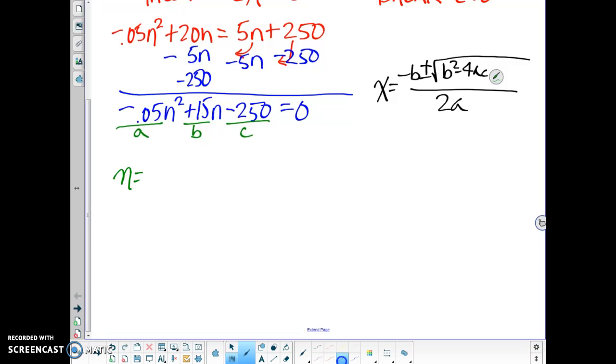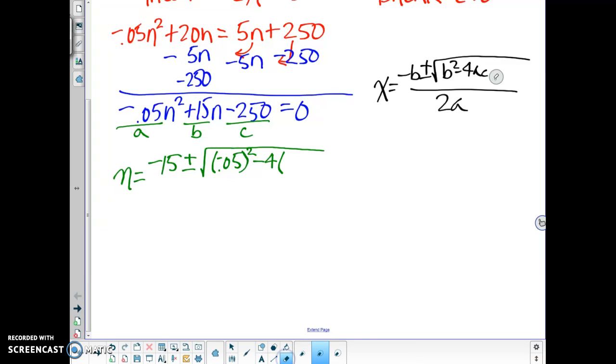I'm going to do n equals opposite of b, negative 15, plus or minus the square root. Please put this in parentheses: negative 0.05 squared. Put it in parentheses so when you put it in your calculator, you don't get it wrong. Minus 4. Ooh, that's wrong, isn't it? Come on, Ms. Loftus. This isn't this. This is 15 squared.